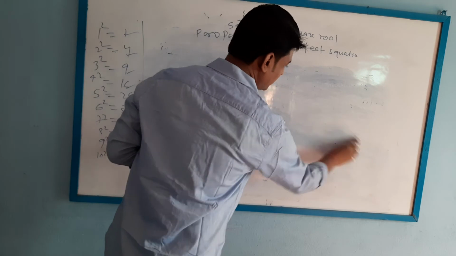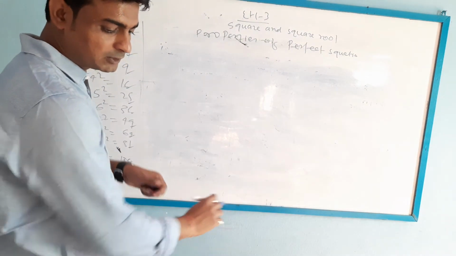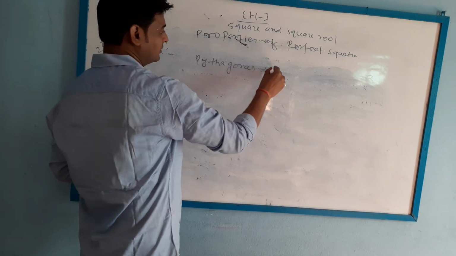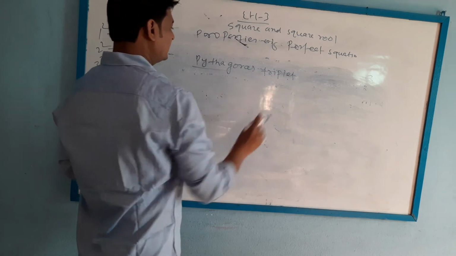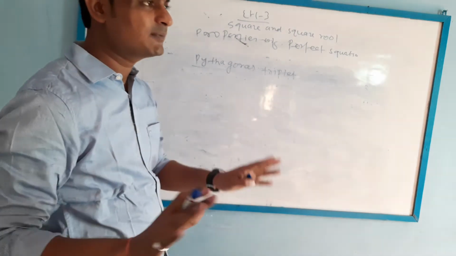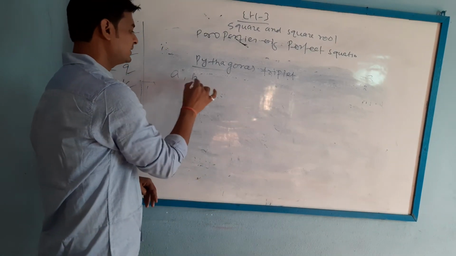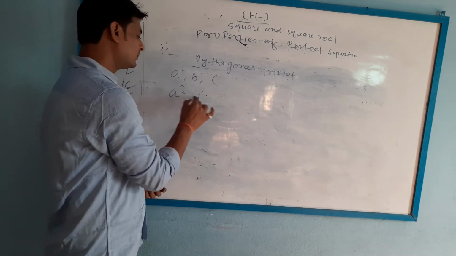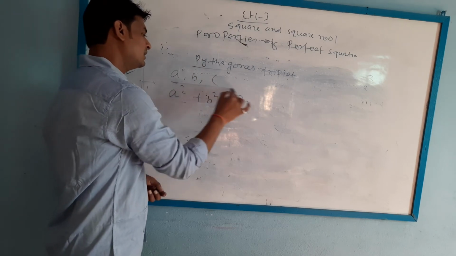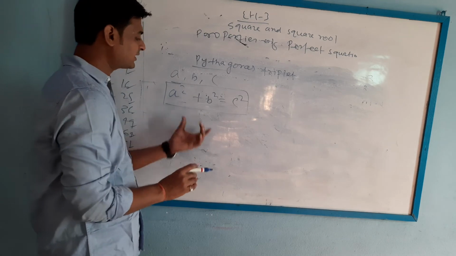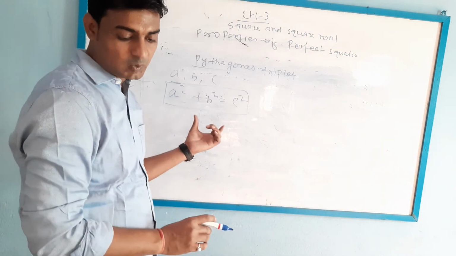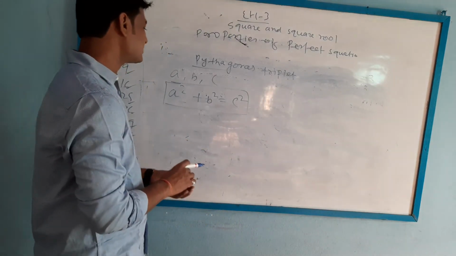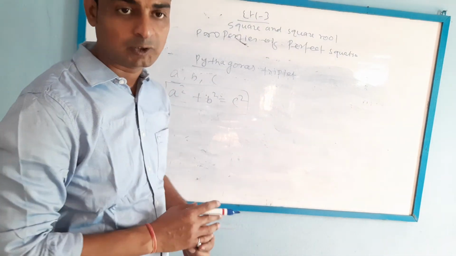Next thing is the Pythagoras triplet. If three natural numbers a, b, c satisfy the equation a square plus b square is equal to c square, then the three natural numbers a, b, c are said to form a Pythagoras triplet.